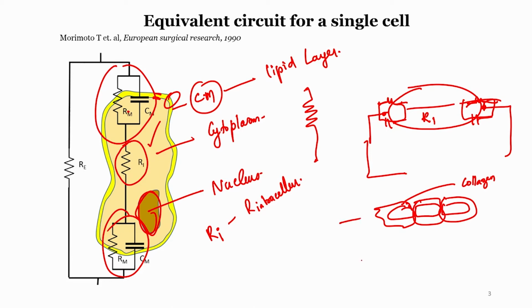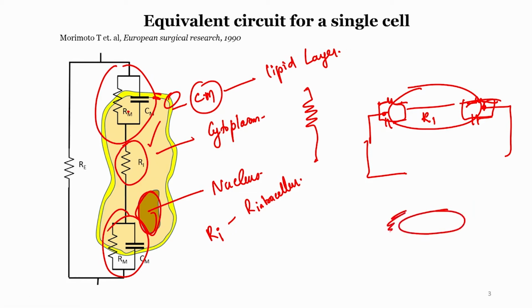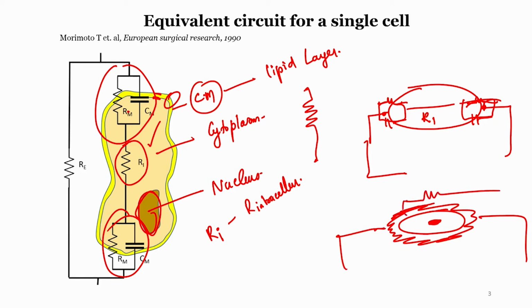Let us say now I remove this part of the tissue where I take one cell along with its associated matrix and keep it aside. It is a very hypothetical explanation. So I take a cell and its associated fiber, okay, this is the cell, and then I apply current through it. What will happen? So this current will go through this resistance in parallel with the effective model of the cell, that is this part.